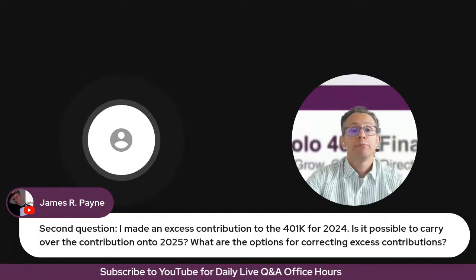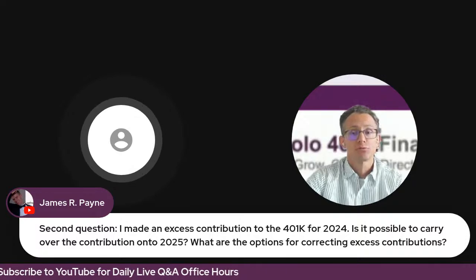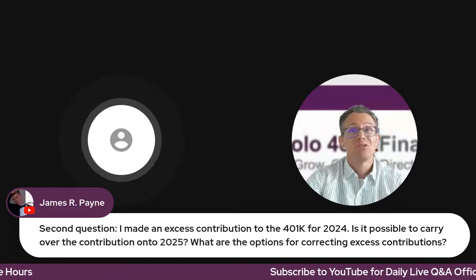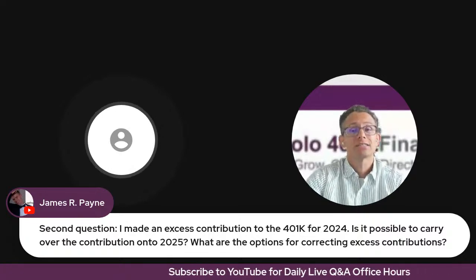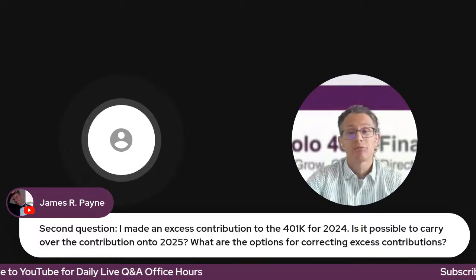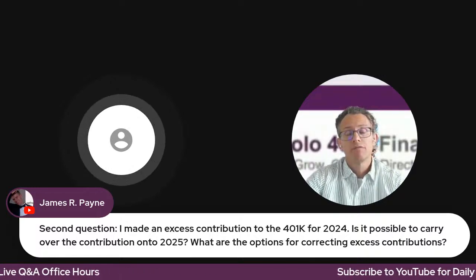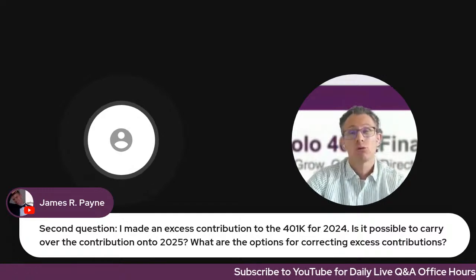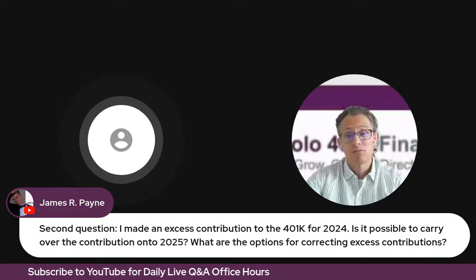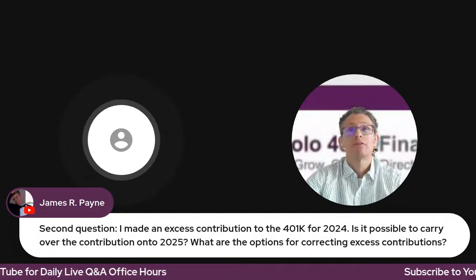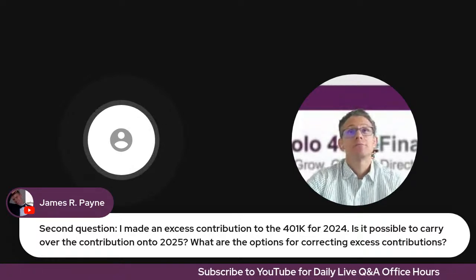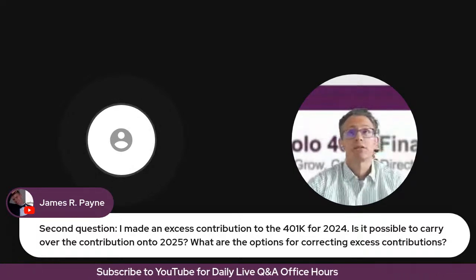Now, if you make it as an employee contribution, those rules are different in that you have to remove those employee contributions plus the earnings from that solo 401k account, and you need to do so by April 15. So for example, if you made an excess contribution in tax year 2024 to the solo 401k as an employee contribution, you would need to remove it plus the earnings by April 15 of this year. But that's only if it's an employee contribution. If it's an employer contribution, it's got to stay in the plan, as I mentioned earlier.